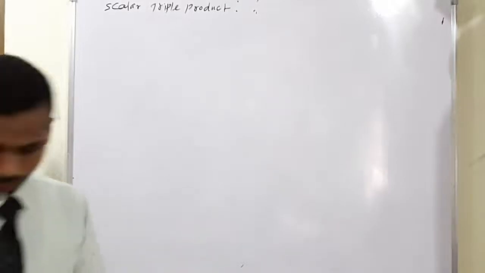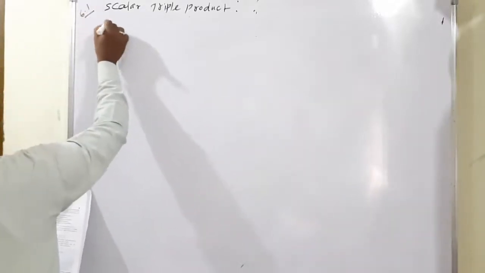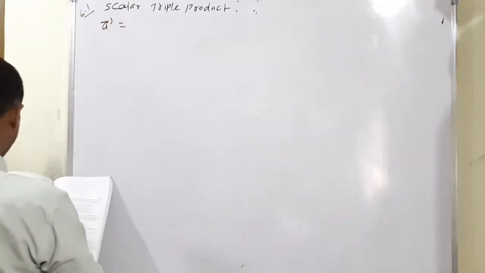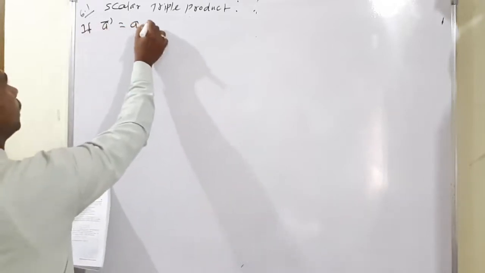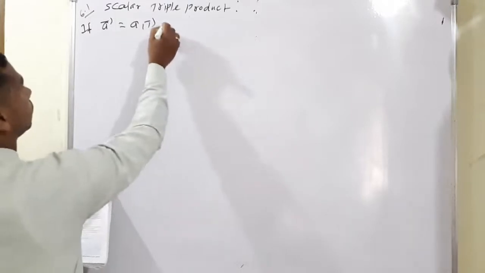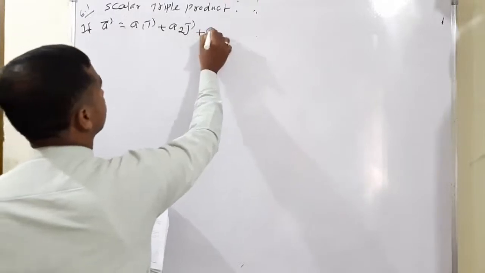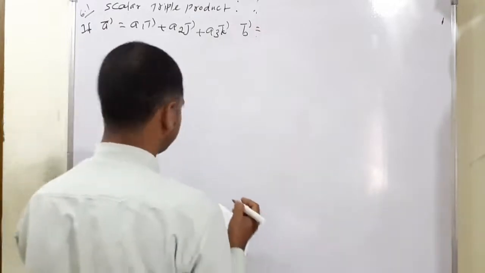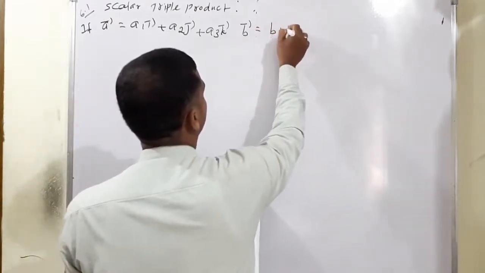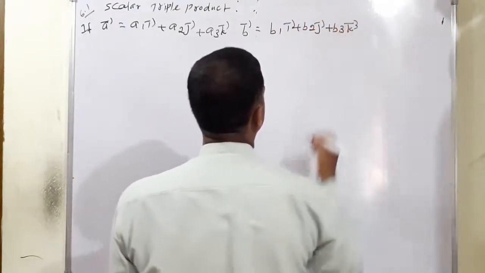Theorem 6.1, what is the main condition? Consider if a vector is equal to a1 i vector plus a2 j vector plus a3 k vector, then b vector is equal to b1 i vector plus b2 j vector plus b3 k vector.